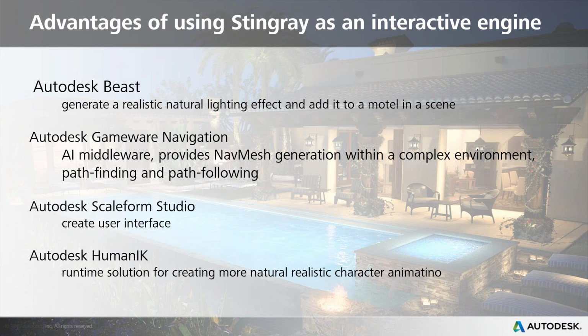So it's an artificially intelligent way of finding a path and not going through walls. So that is something very unique and happens very easily with the navigation system of Autodesk.